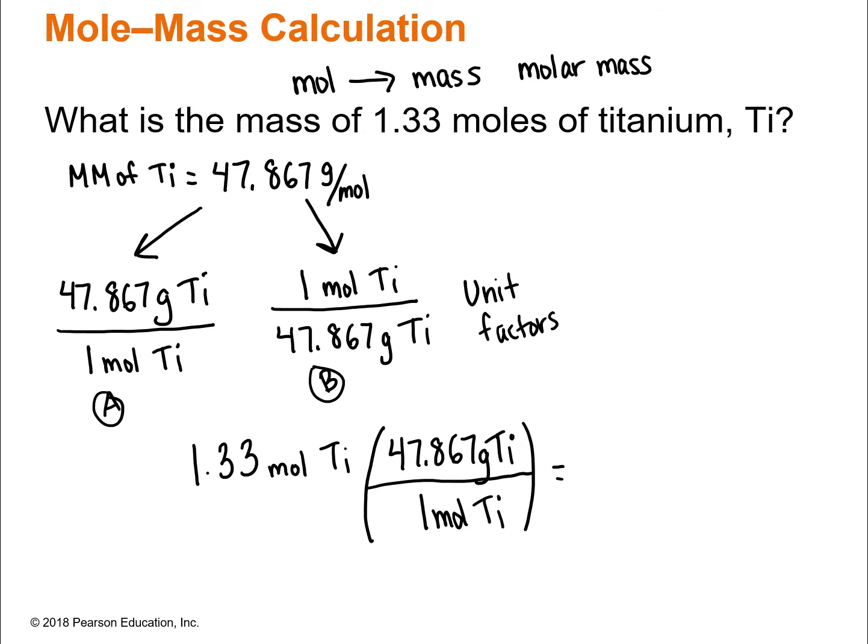When you do that math, all you're going to do is multiply across. 1.33 times 47.867 grams. As far as units, you should have grams of titanium as part of your answer. When we're doing sig figs for this, we're only considering the information that we're given in the problem.